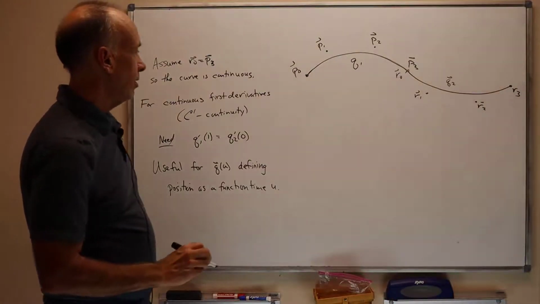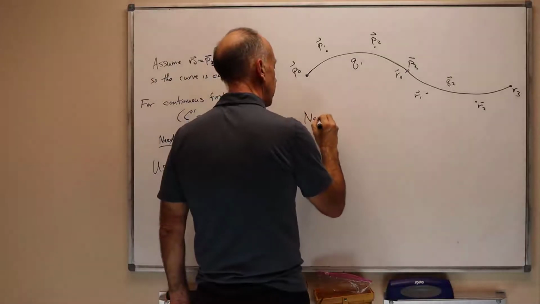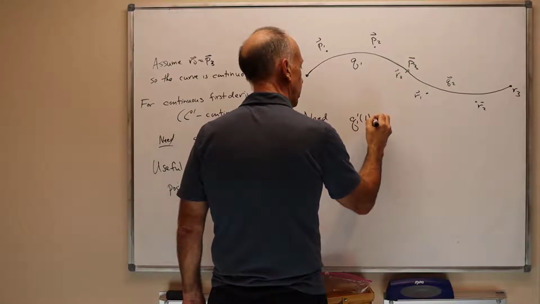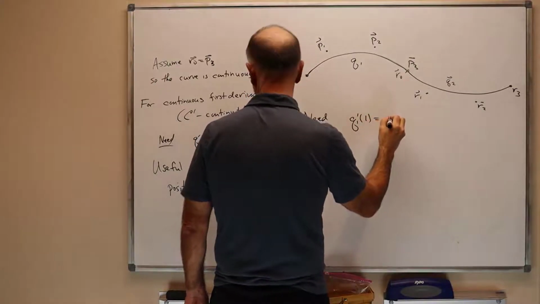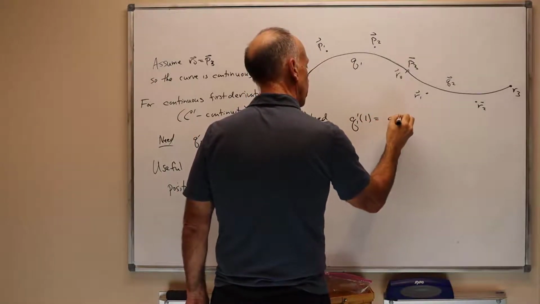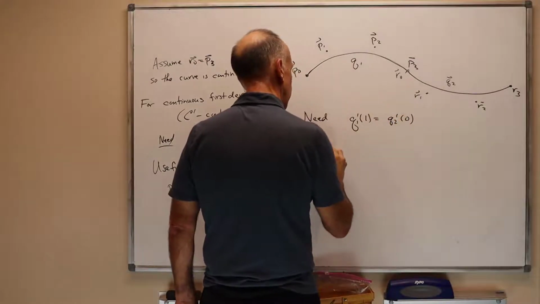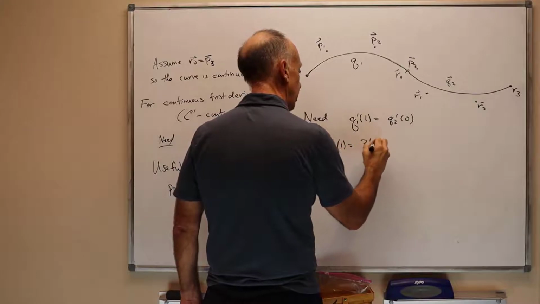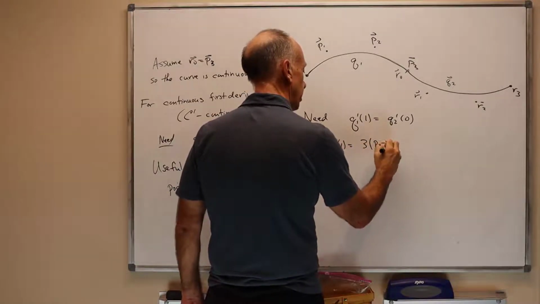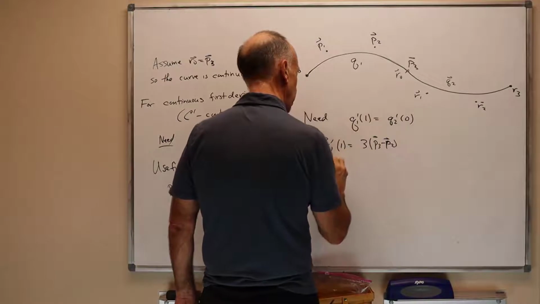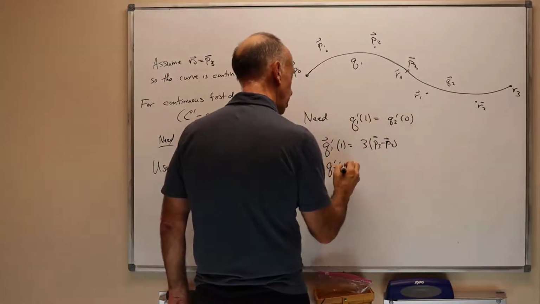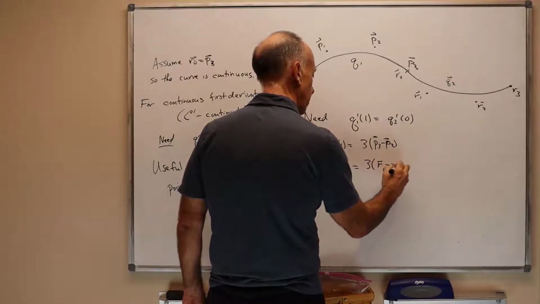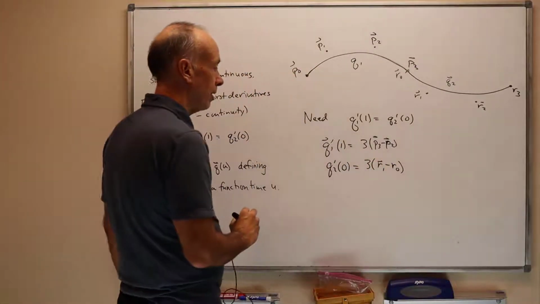So what do we need for C1 continuity? We need that Q1 prime at U equals 1 is equal to Q2 prime at U equals 0, and Q1 prime at U equals 1 is equal to 3 times P3 minus P2. And Q2 prime at U equals 0 is equal to 3 times R1 minus R0.